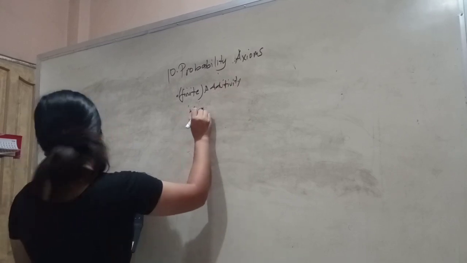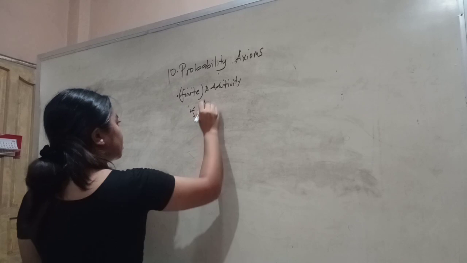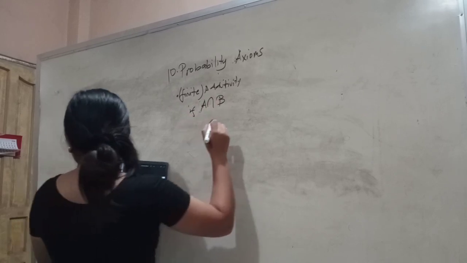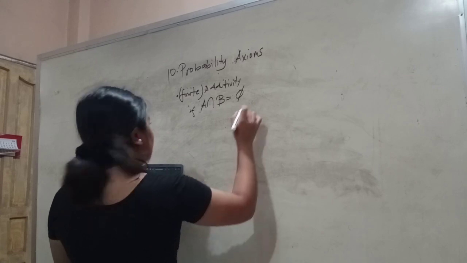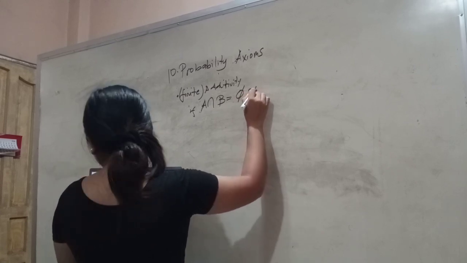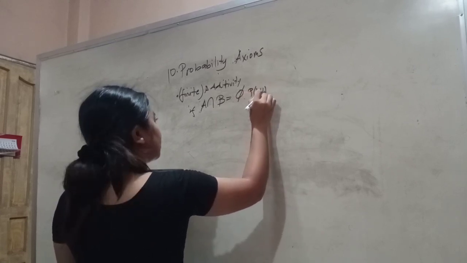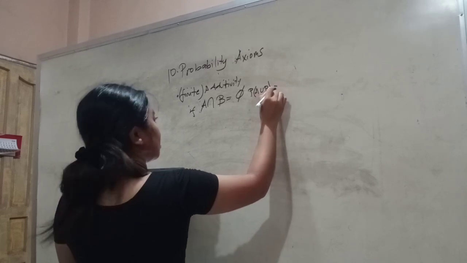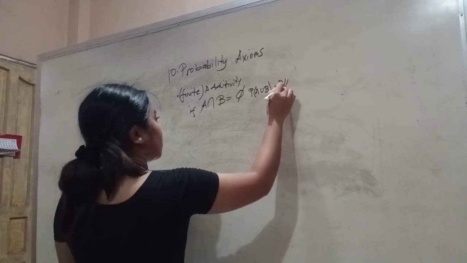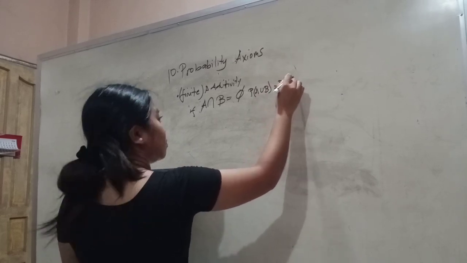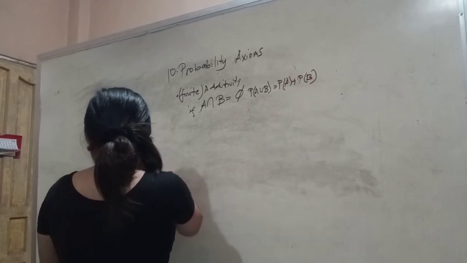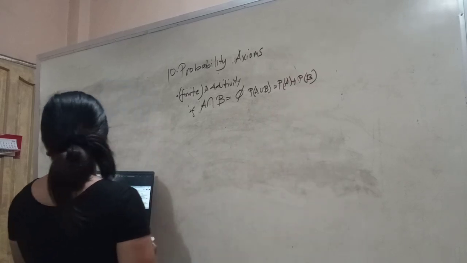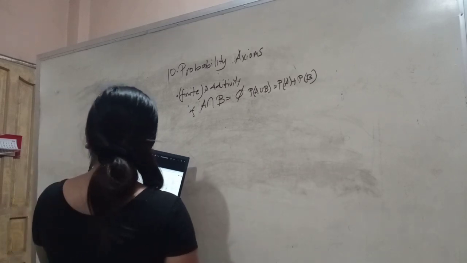If A intersection B is equal to the empty set, then the probability of the event A union B is equal to the probability of event A plus the probability of event B. Take note, the empty set is written below, indicating A and B are disjoint.